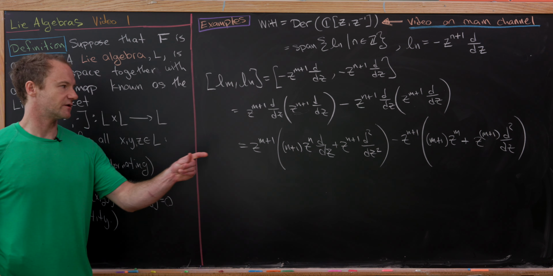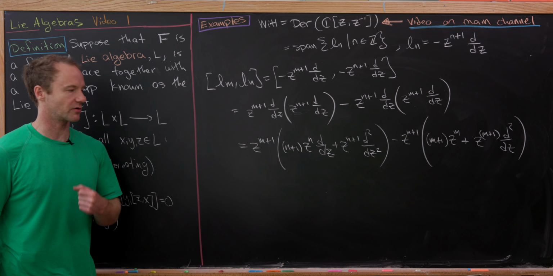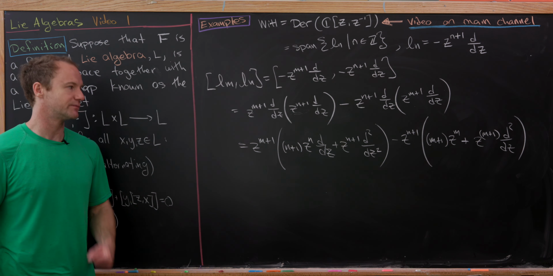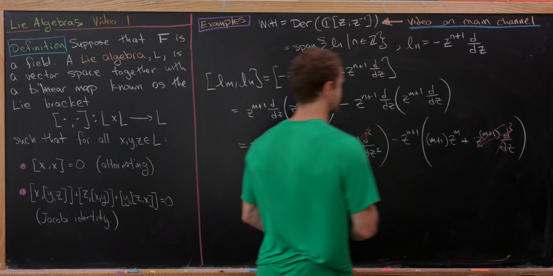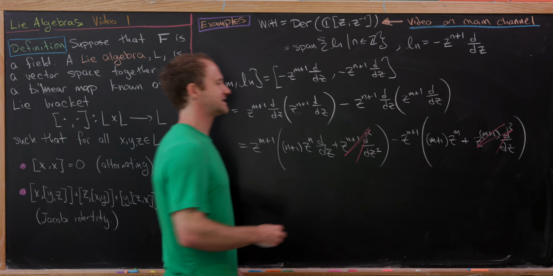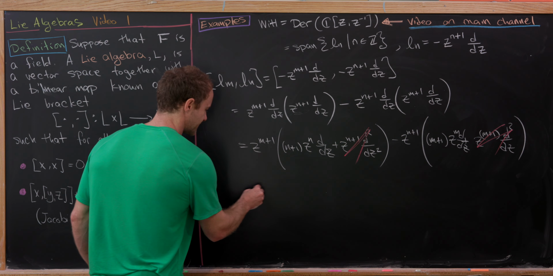But let's notice that those second derivatives with respect to z are attached to the same term. They're attached to z to the m plus n plus 2. So that means this and this cancel each other. But then what does that leave us with? I forgot my derivative with respect to z here. Well, that leaves me with something like this.